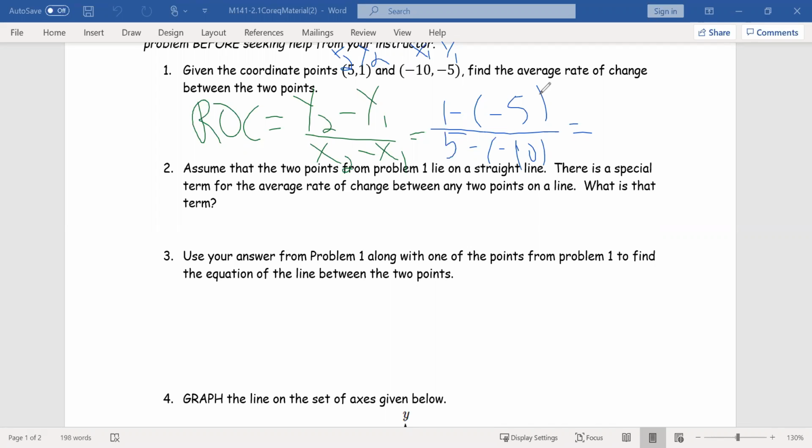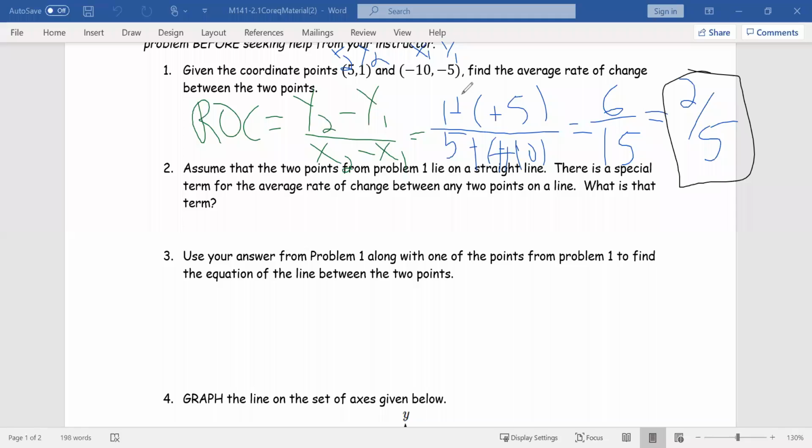When we do that, 1 minus -5 makes a plus, so we'll have 6 on the top, over 5 minus -10 makes 5 plus 10, which gives us 15. And then 6/15 can be reduced to 2/5 if we divide both by 3. So our average rate of change between these 2 points would be 2/5.